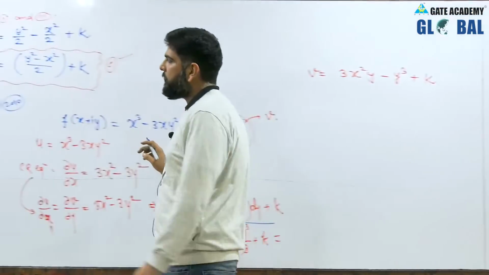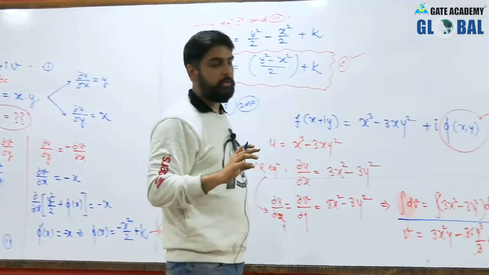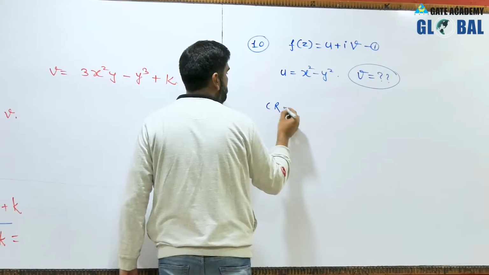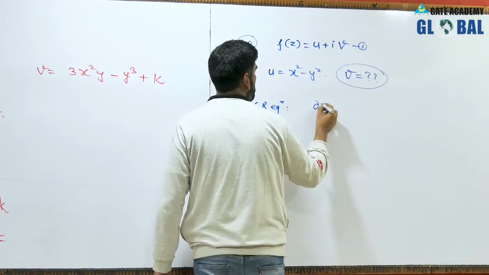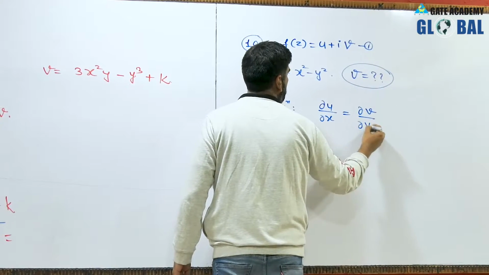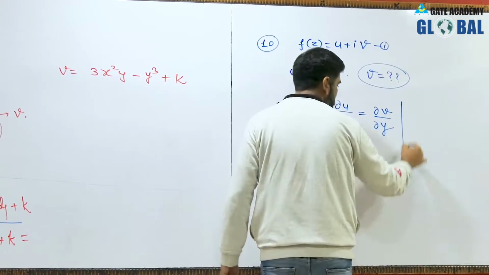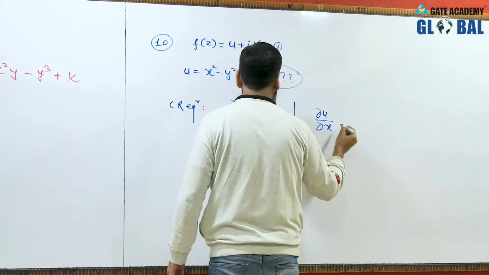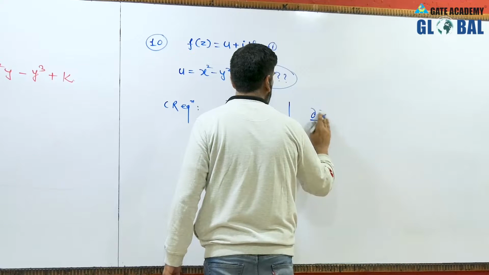Again, in question number 9 also v is the question mark, and in question number 10 also v is the question mark. So I am applying the CR equation in question number 10 also. What is the CR equation? It is del u by del x equal to del v by del y, and the second equation is del v by del x equal to minus del u by del y.